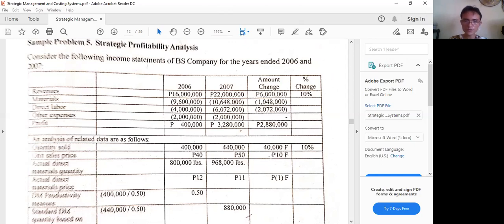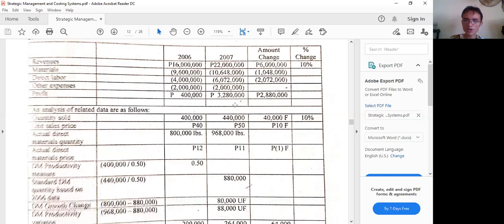So if we compute 440 divided by 400, that's 1.10 or 110%. Minus 100%, so the change is 10%. So this goes to say that the price then remains constant, but the quantity increased. But we will see later on because the changes could be multiple.